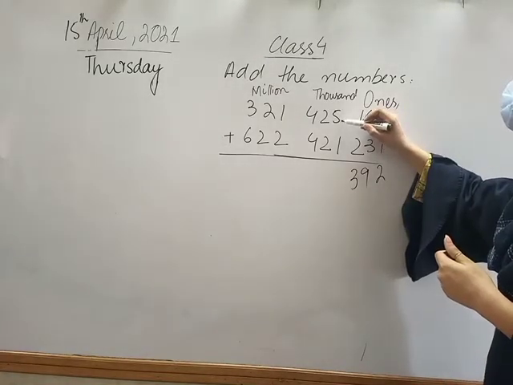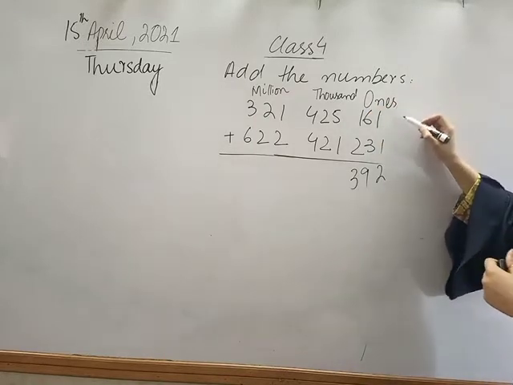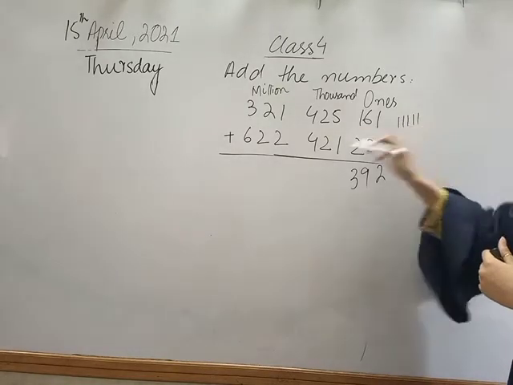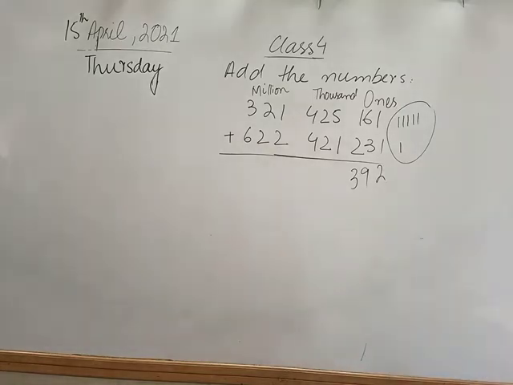First number of 1000 in upper is 5. So 5 for upper, 1, 2, 3, 4, 5, and 1 for lower. So in total I have, Abdullah, you tell me, 6. Very good.